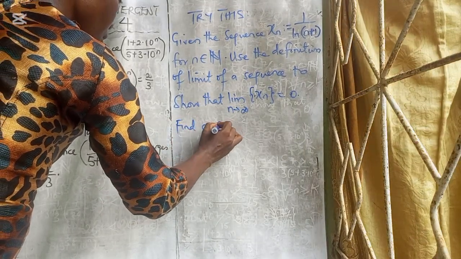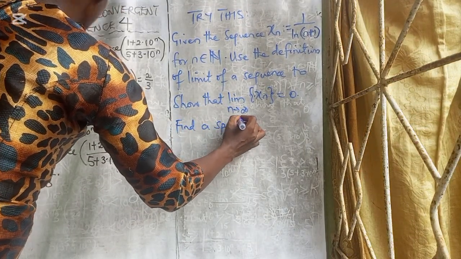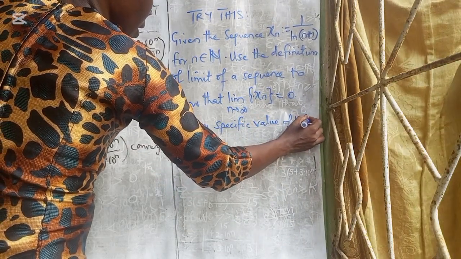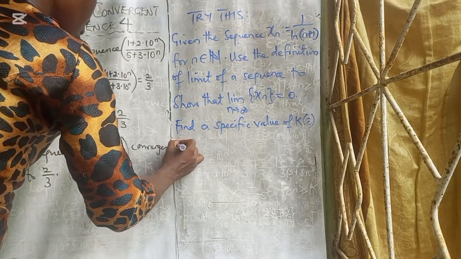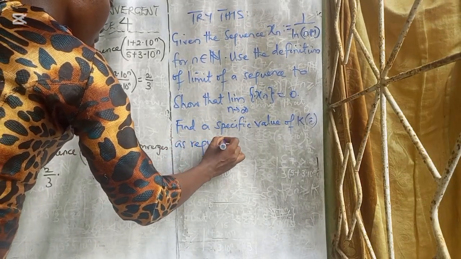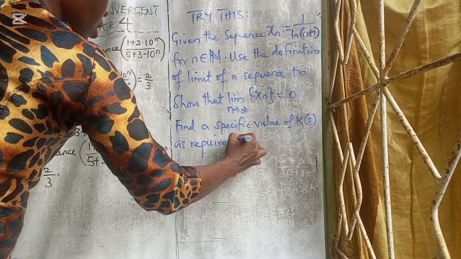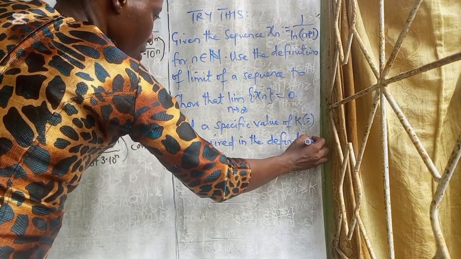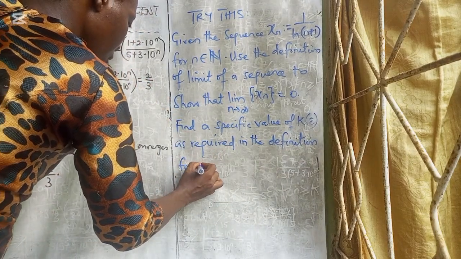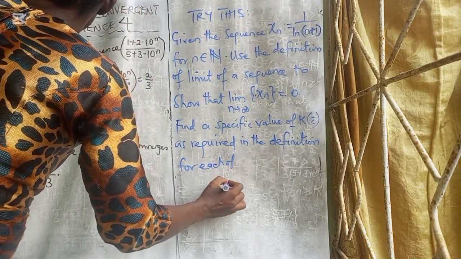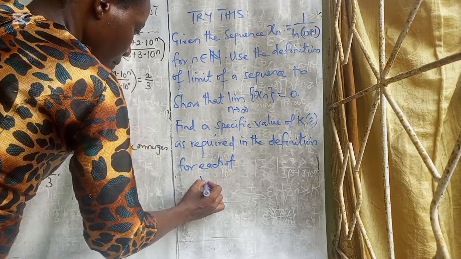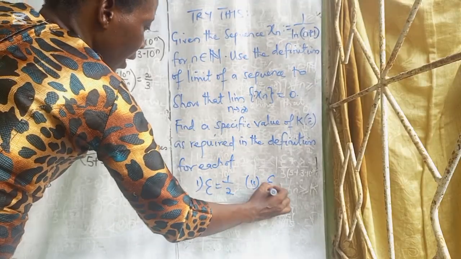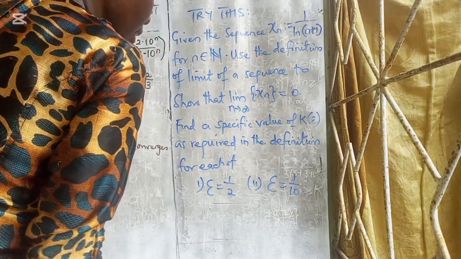Also, find a specific value of k dependent on epsilon as required in the definition for each of, when epsilon is equal to 1 over 2, and then when epsilon is equal to 1 over 10.